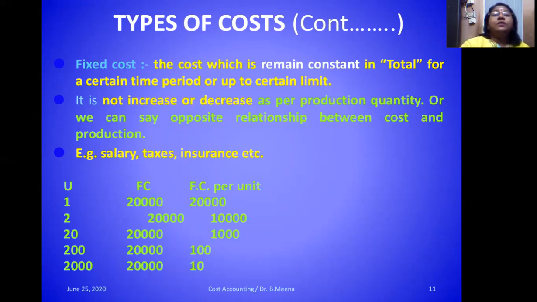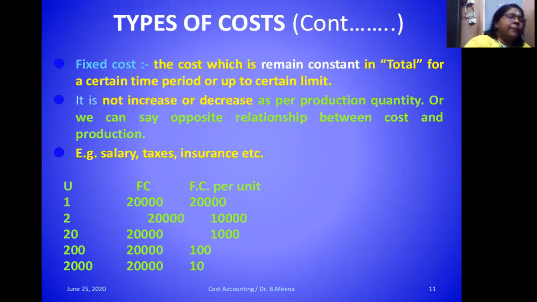This classification of fixed cost and variable cost is valid only in the short period, not in the long period. Whatever money I spend for procuring these fixed factors, we call it fixed cost. So again, fixed cost remains constant, whatever be the volume of production.